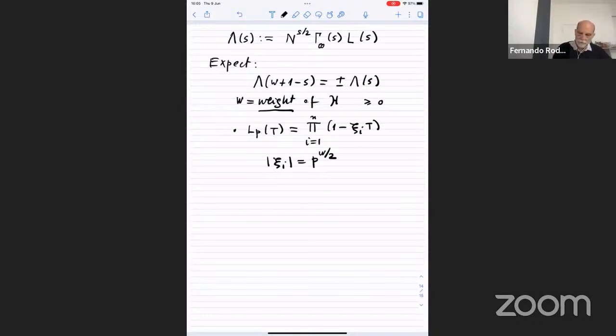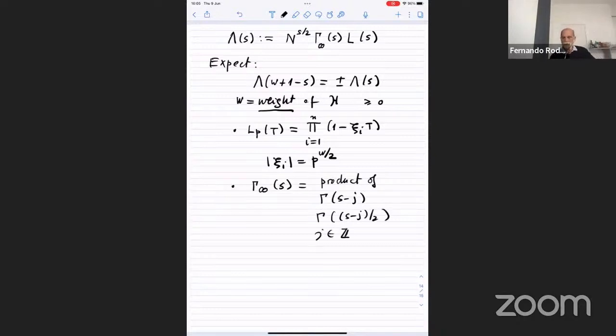Okay, then what's gamma infinity? This is a product of factors of the form gamma of s minus j, or maybe gamma of s minus j over 2 for integers j. So it's a product of standard gamma factors, translated gamma factors.